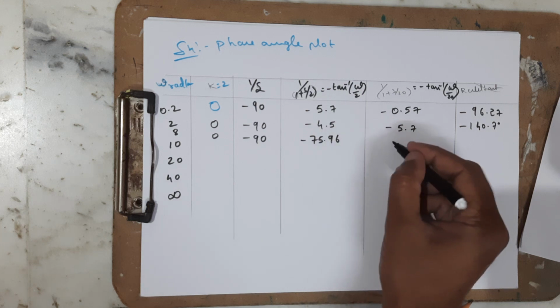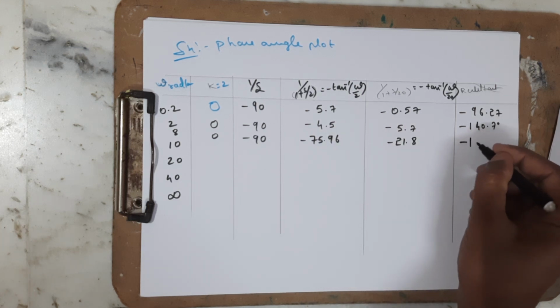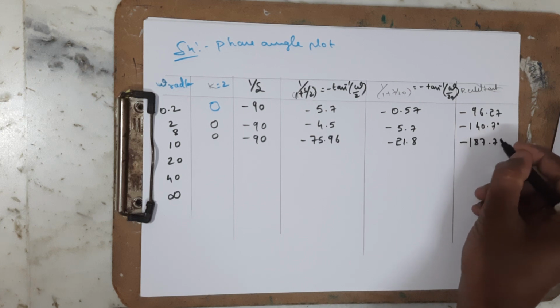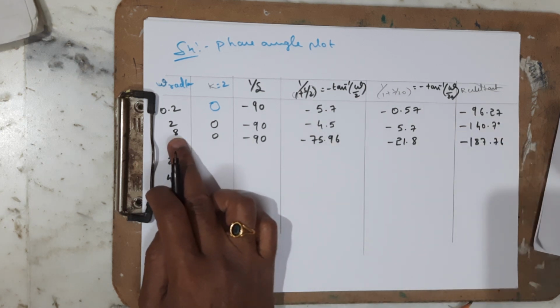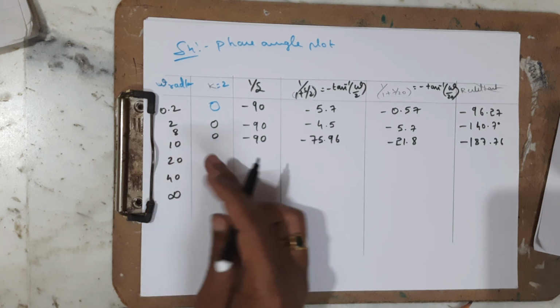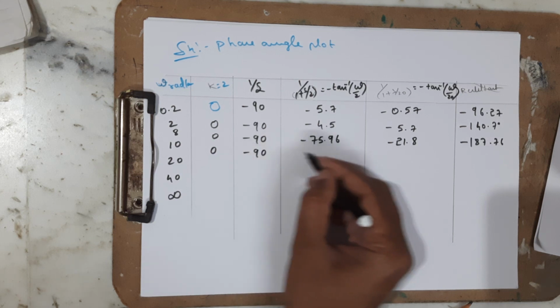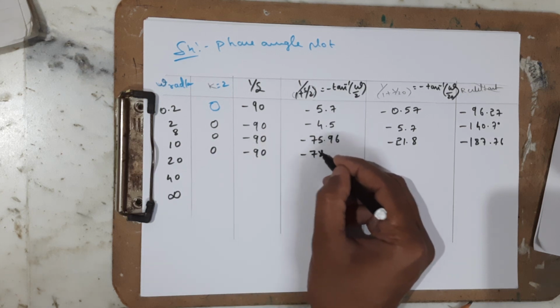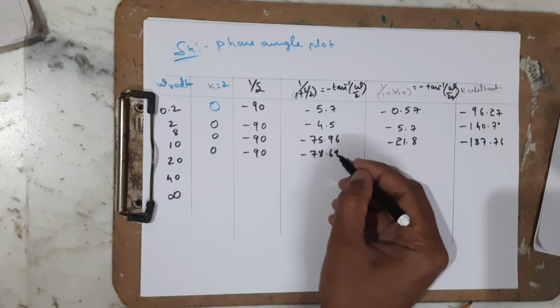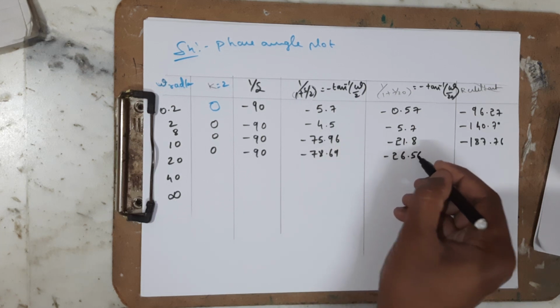Then this will be minus 21.8, and the resultant slope is minus 187.76 when omega is equal to 8. In the same way, when omega is equal to 10, we have 0, minus 90, minus 78.69, next minus 26.56.